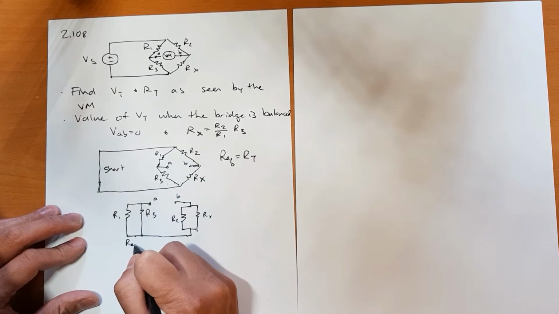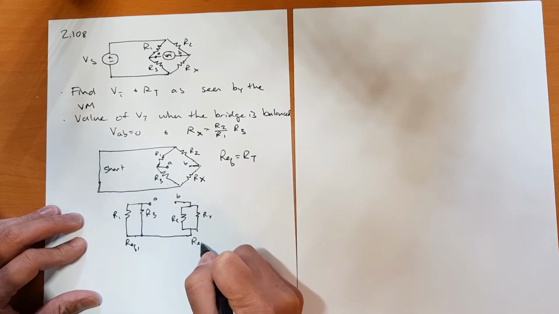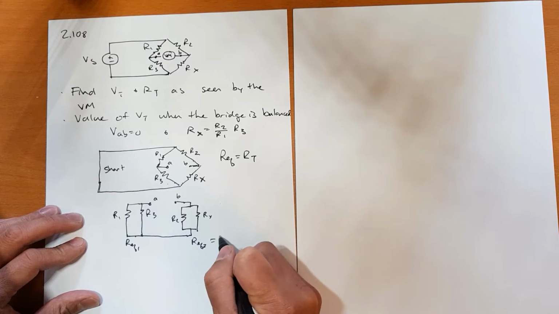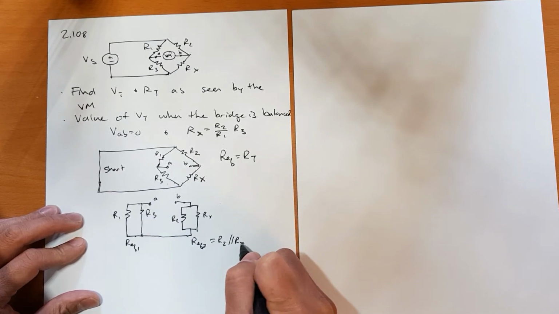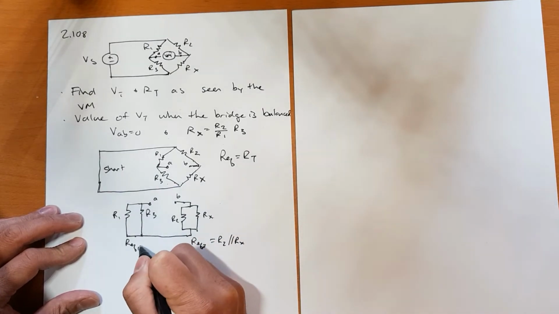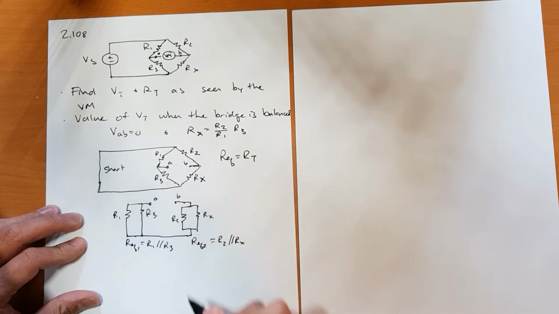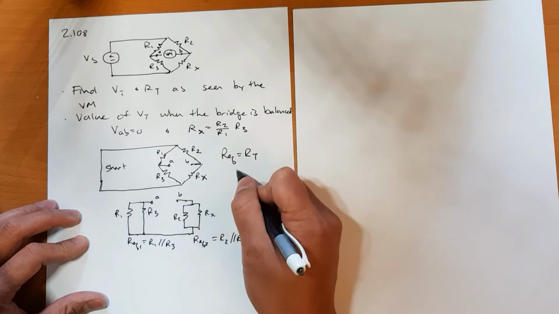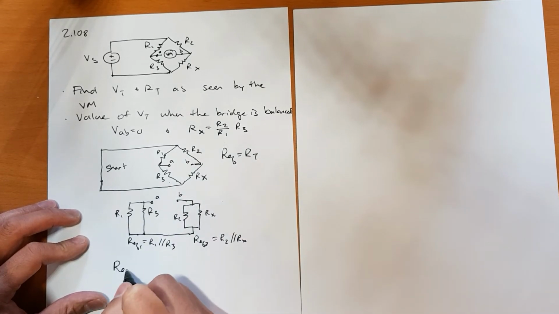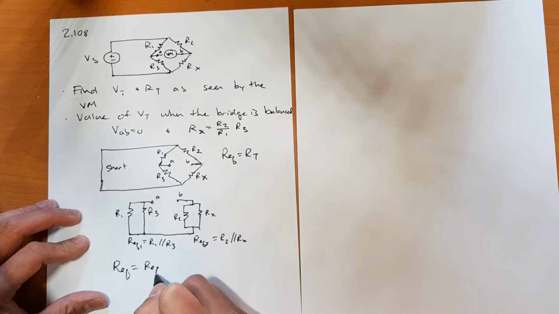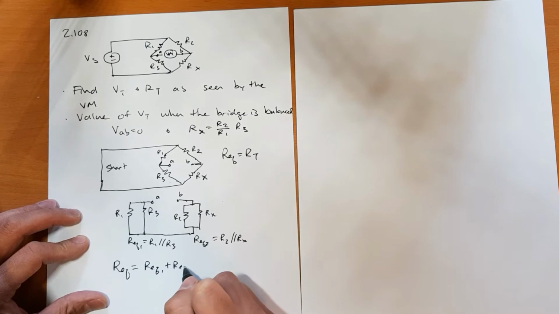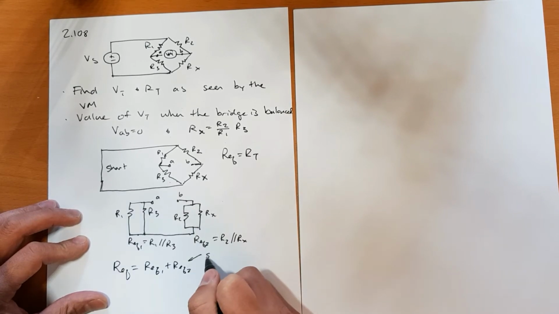So R equivalent 1 is R1 in parallel with R3, and R equivalent 2 is R2 parallel RX, okay? And then the total REQ is R equivalent 1 plus R equivalent 2, because they are in series.